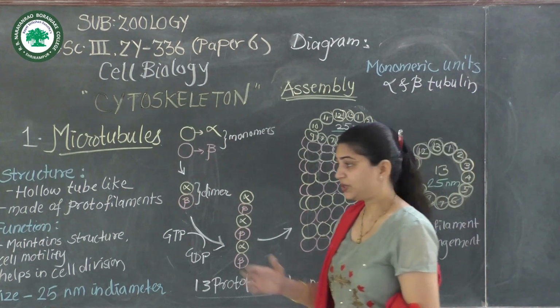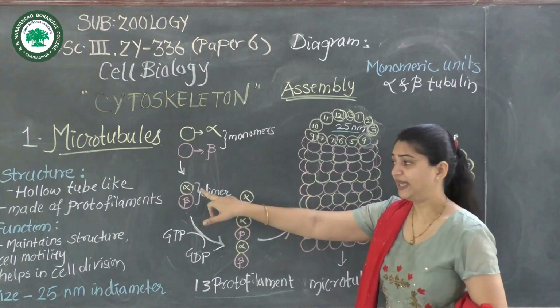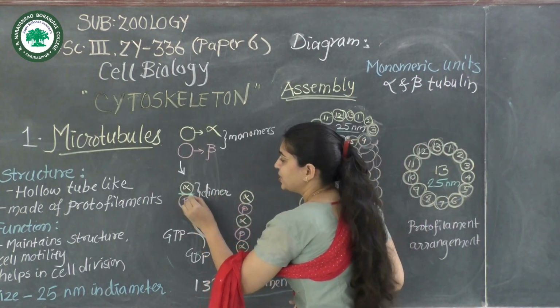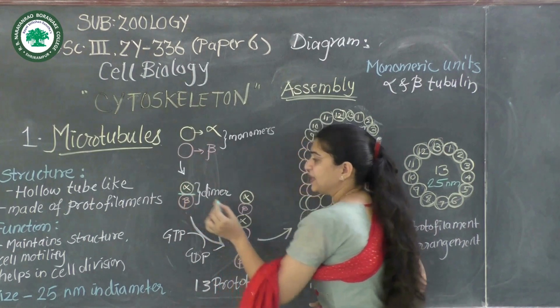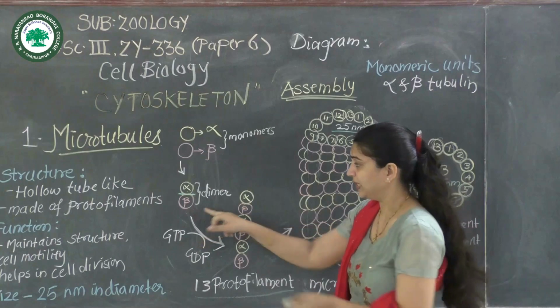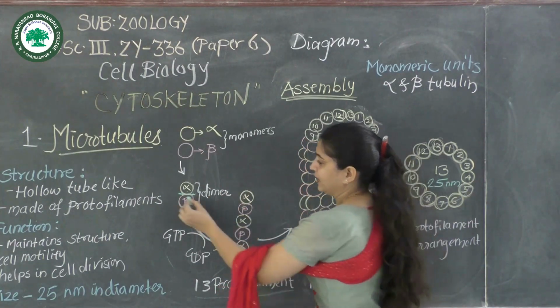Why are they used? Because there is a binding site at the alpha tubulin, at this position, in between the interface of alpha and beta tubulin, there is a binding site for guanine.